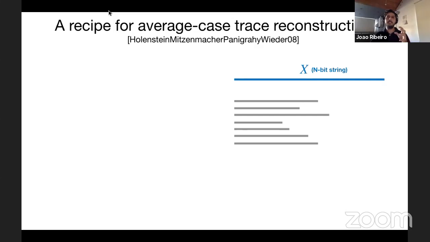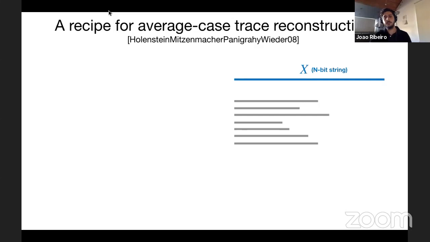Basically, the other works use the same steps, but just with more refined algorithms inside. Okay, so here the setting is again that you have some string x. In this case, because we're dealing with average case reconstruction, x is uniformly random. And we have these traces in gray that you want to use to recover x with high probability.